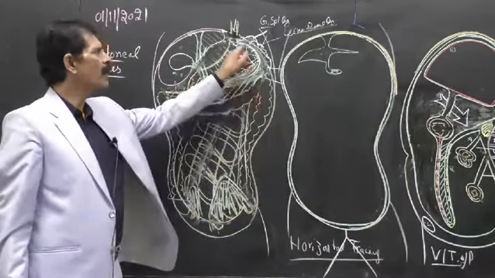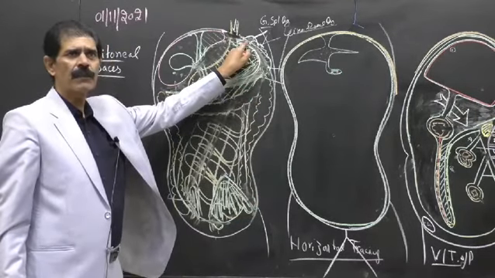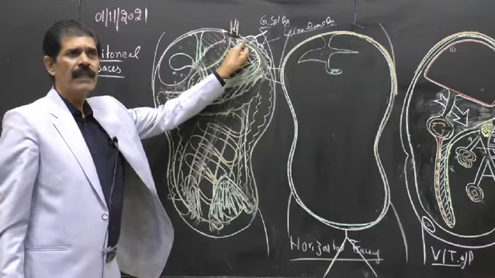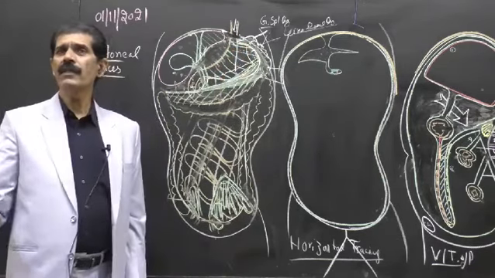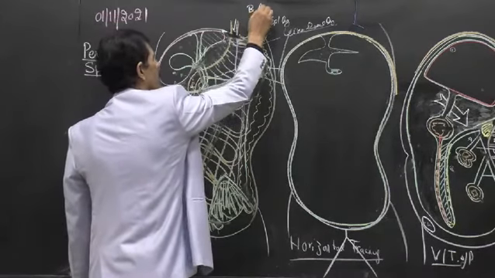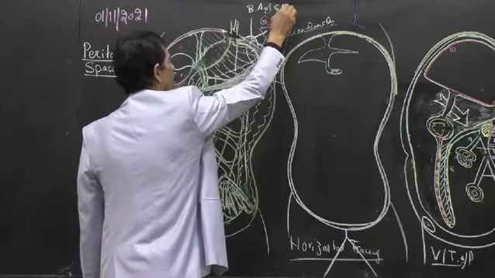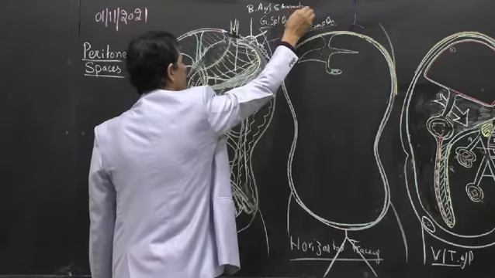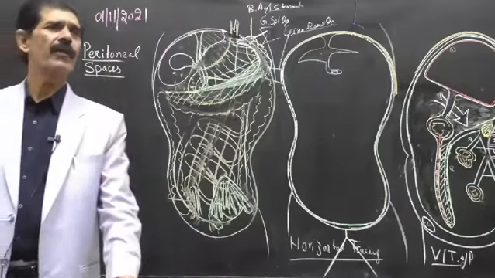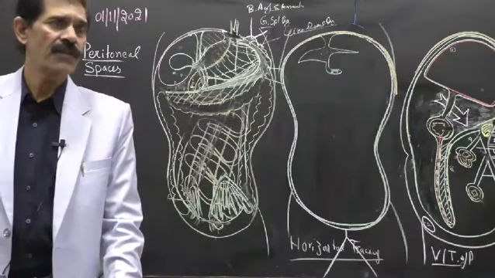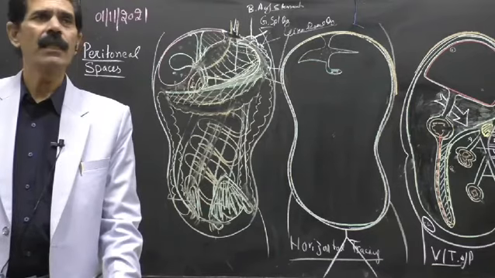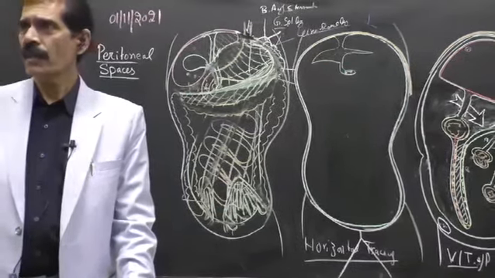So a small area of the fundus posteriorly remains without peritoneum. That is also called the bare area of the stomach. The fundus only. Bare area of the stomach. Anteriorly it is fully covered by number 1 layer of the peritoneum, but posteriorly it is deficient because it goes down behind only the fundus part of the stomach.